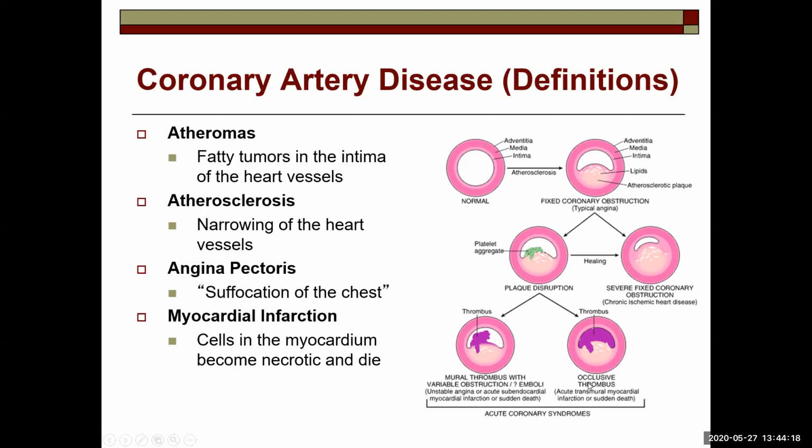And when a thrombus comes in, it blocks the whole thing, and then you end up having what we call occlusive thrombosis. That's a full type of thrombosis that gives you an acute coronary syndrome, which is an MI. So we know the difference between an embolus and a thrombus. An embolus will be a traveling thrombus, basically.